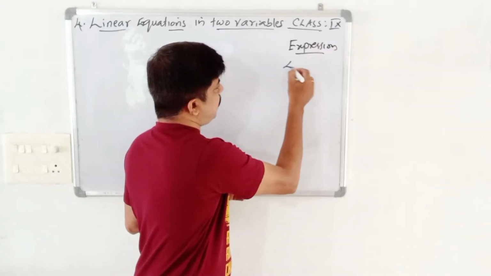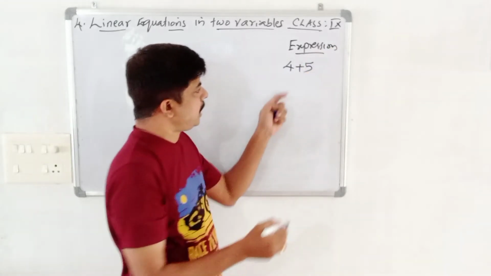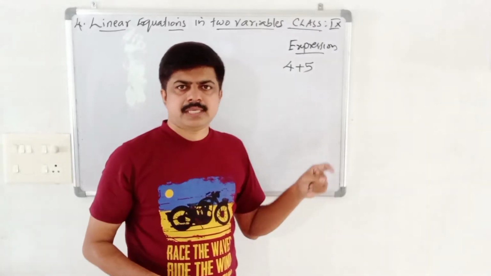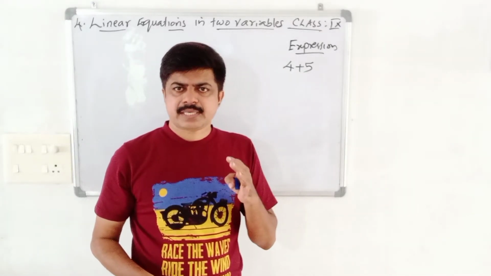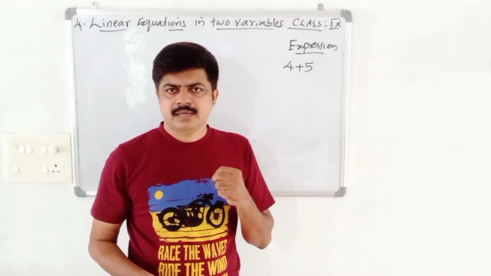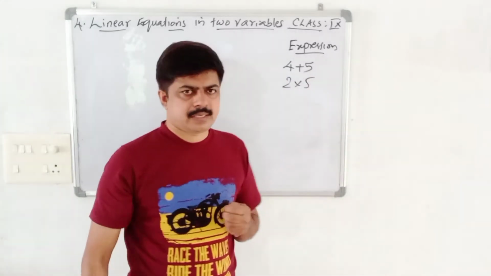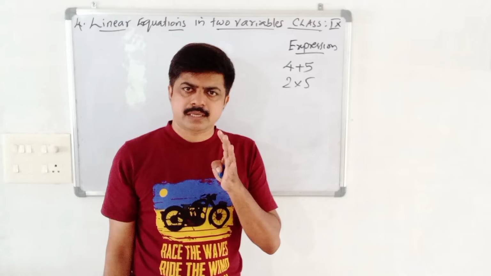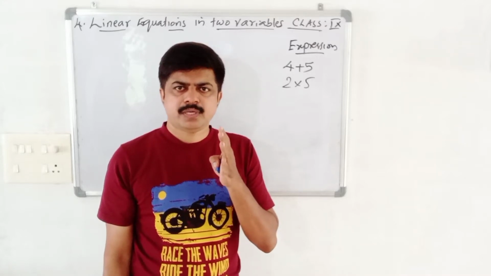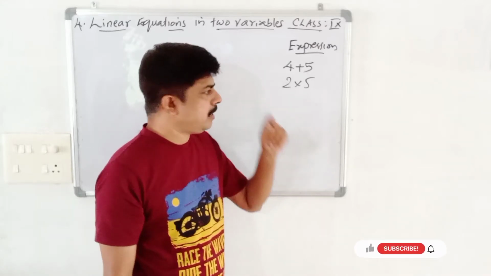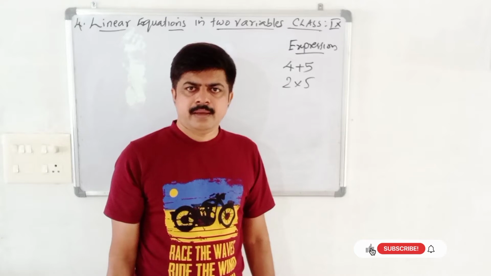We have two numbers, and at least one math operation, either addition, subtraction, multiplication, or division. Just an example, 2 into 5. This is an expression. An expression is a sentence with a minimum of two numbers and at least one math operation.